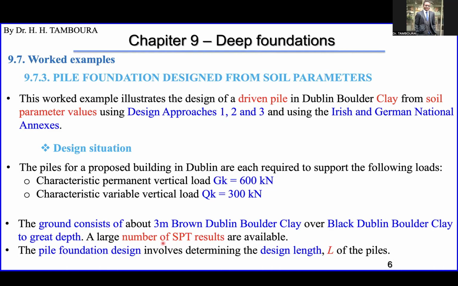We have to use this to obtain the soil parameters from SPT results. We will design the pile length L, and this is what we will investigate. Our task is to find out the pile length.